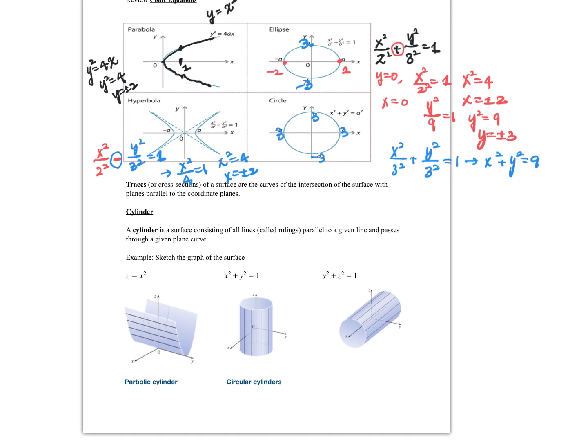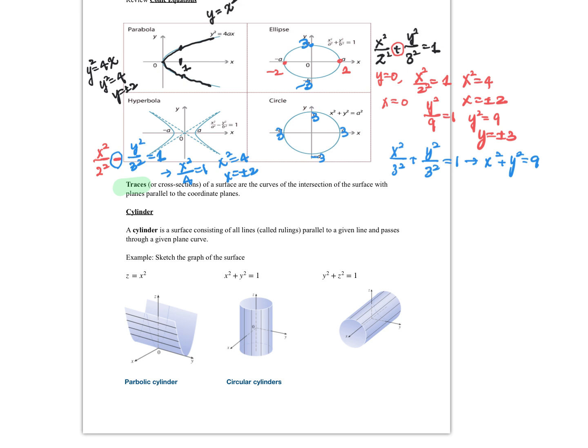So now we're going to study surfaces in 3D. The most important part of surfaces is right here. I highlighted trace, guys. A surface in 3D is very hard to imagine sometimes.